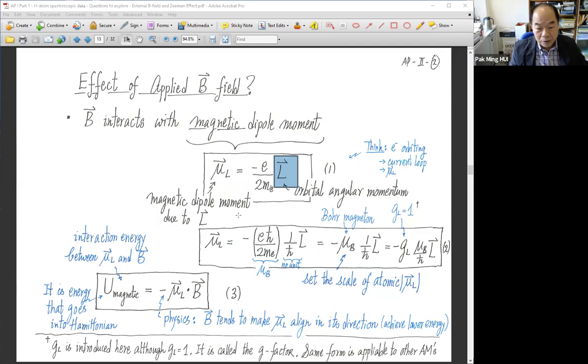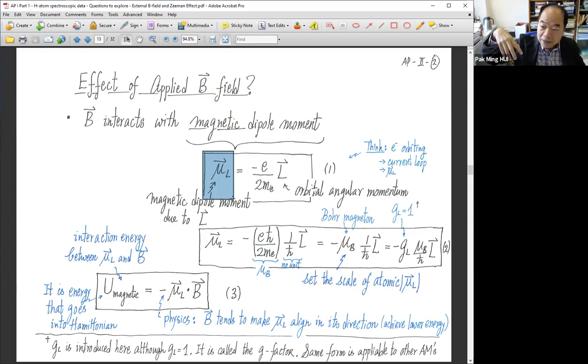So first point, the orbital angular momentum is accompanied by a magnetic dipole moment. So the orbital effect: because the electron is charged, classically you can think about it, the electron is orbiting, thereby it's like a current loop.